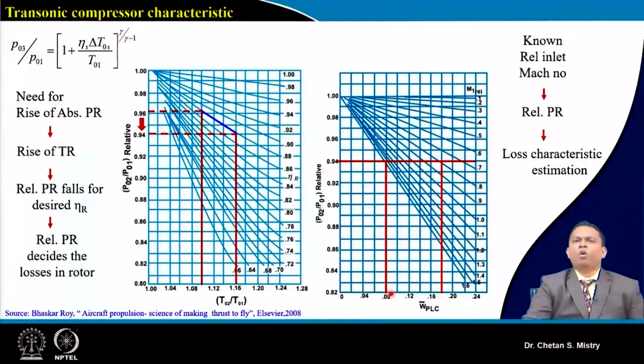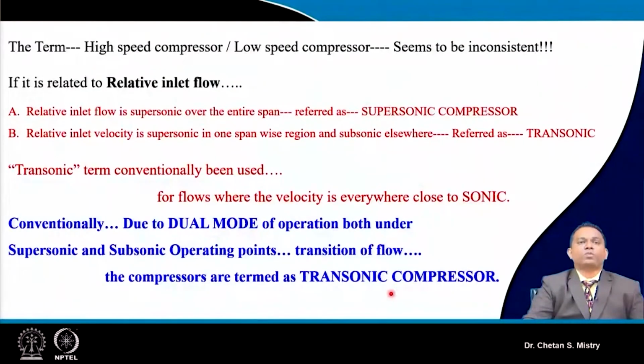That means, in an overall sense, everything is asking for the development of compressors to move towards being supersonic in nature. Now the question that comes up is about understanding the supersonic compressor and the transonic compressor. The terminology people were using, high speed compressor and low speed compressor, is inconsistent.